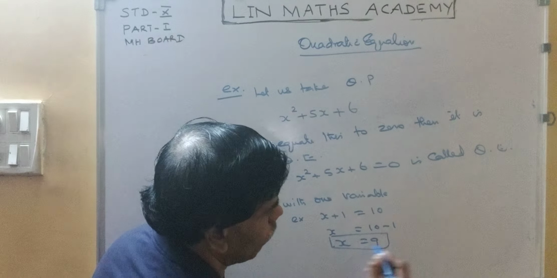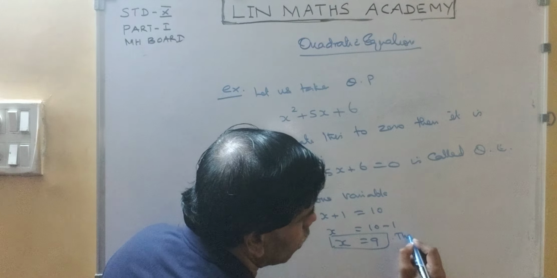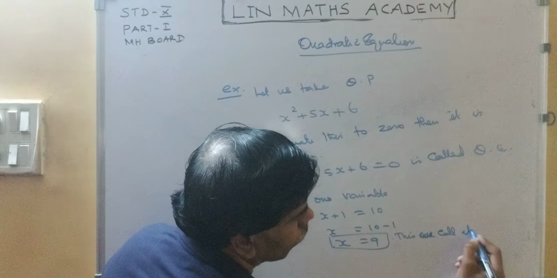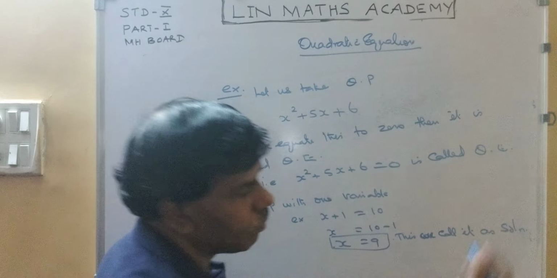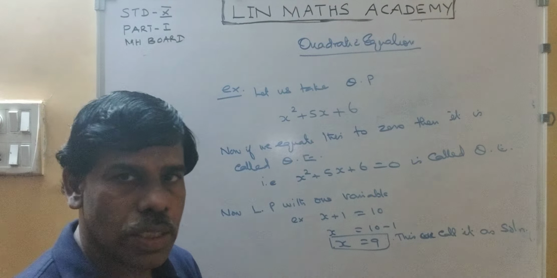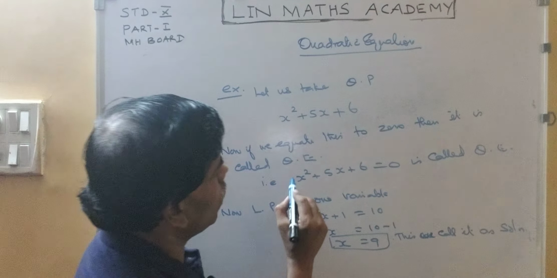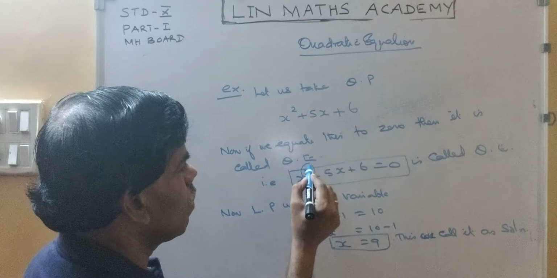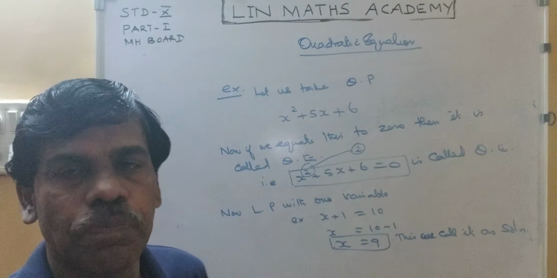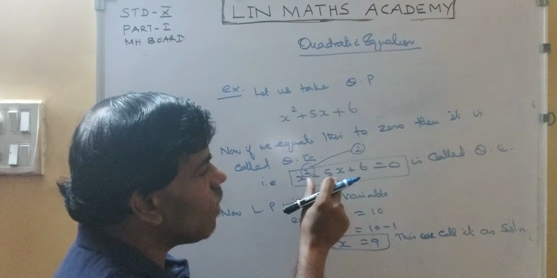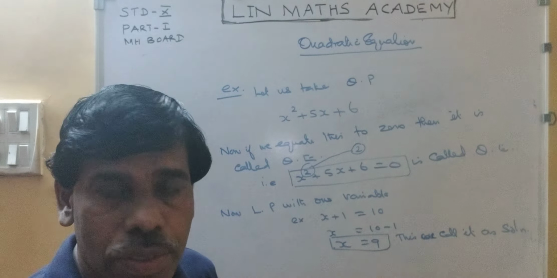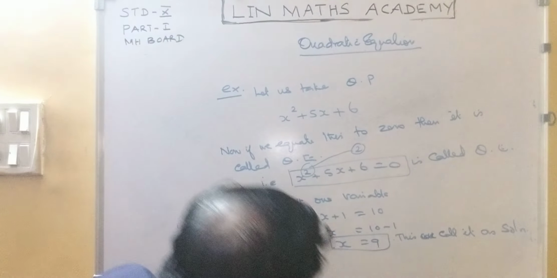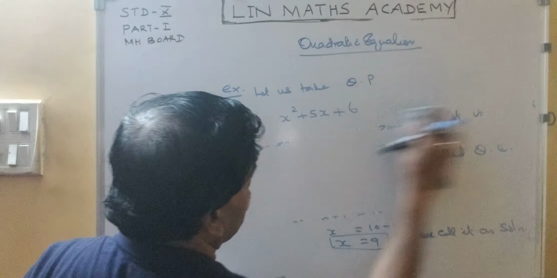This we call a solution. But here you see, what is the highest power of the quadratic equation? 2. So this equation will have two values of x. We call them the roots of the given equation.